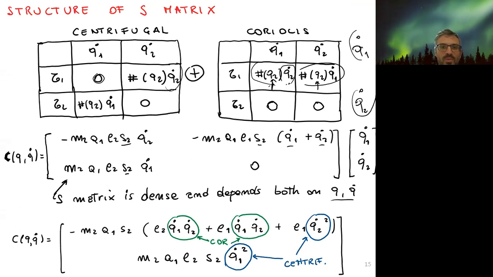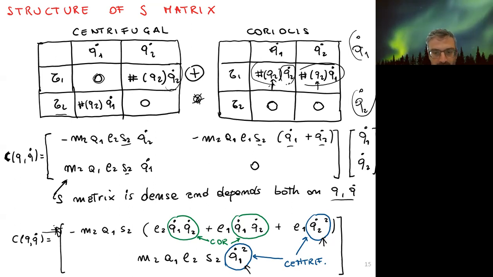And if you do the multiplication, you can get back whatever we try to say here qualitatively, that you have the centrifugal term in joint 2 dependent on joint 1, and on joint 1 dependent on joint 2 motion, and the Coriolis are only on joint 1.